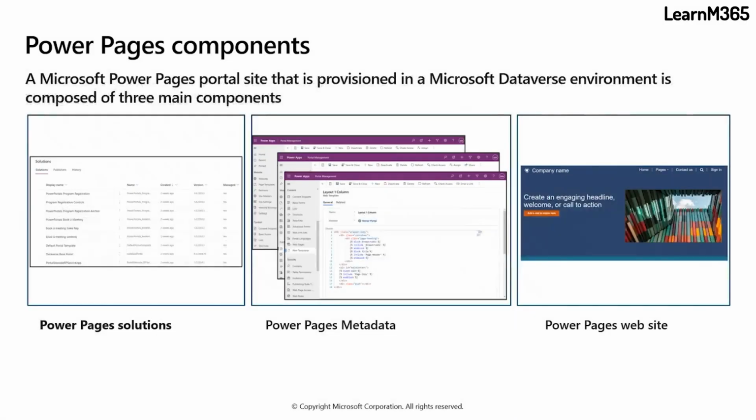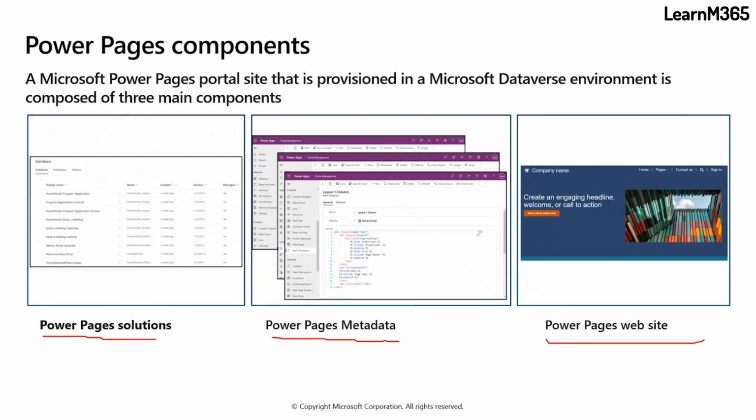Now, let me talk about Power Pages components. So what are components available? We have Power Pages solutions, we have Power Pages metadata, and we have Power Pages websites. So basically a Power Pages portal site that is provisioned in Microsoft Dataverse environment is composed of these three main components.